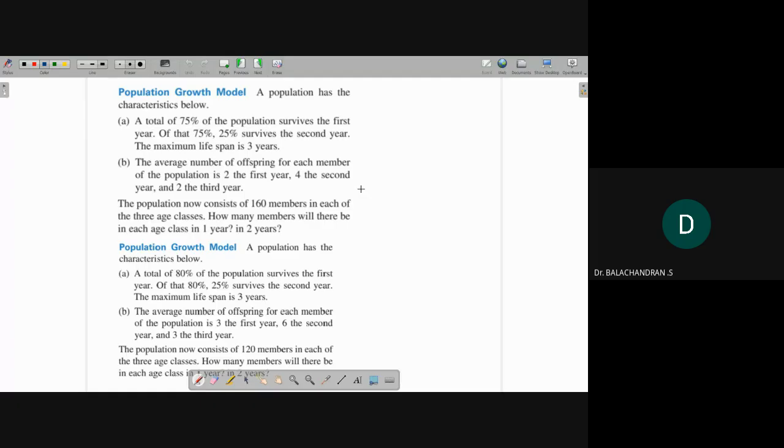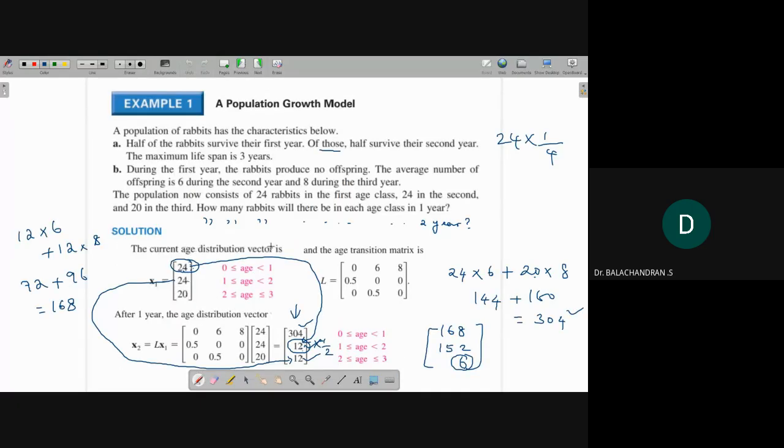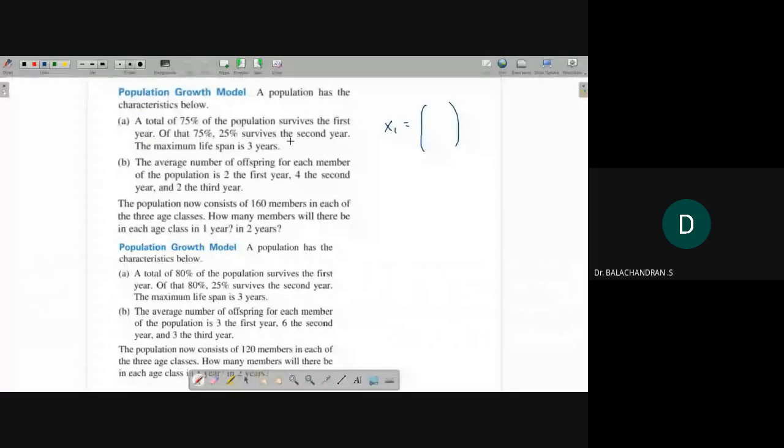Okay, so now what is x1? At least you can tell. What is x1? The x1 is the current age distribution vector. What is the current age distribution vector?